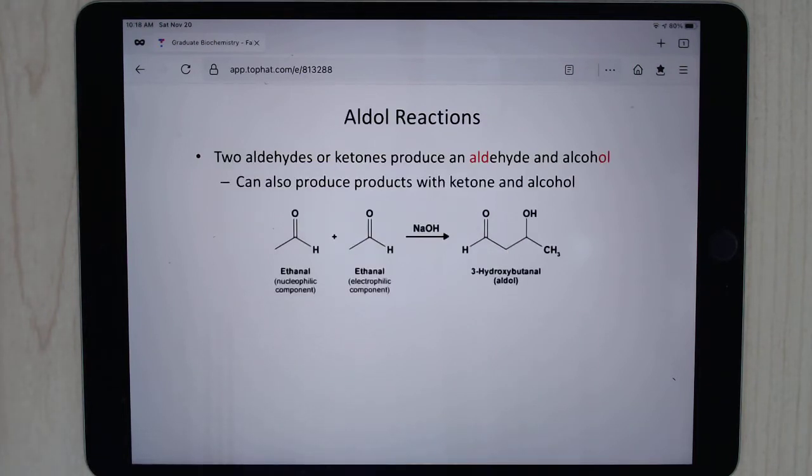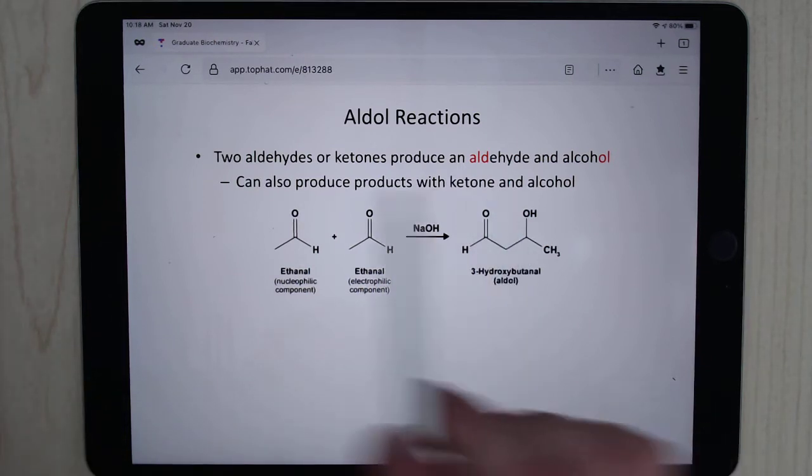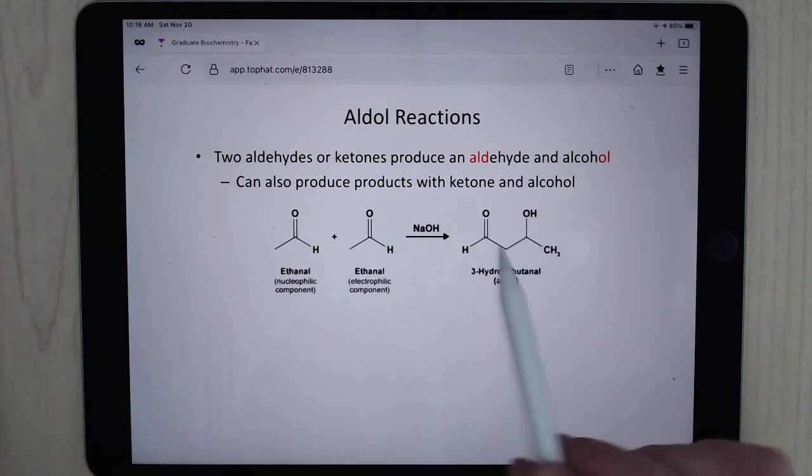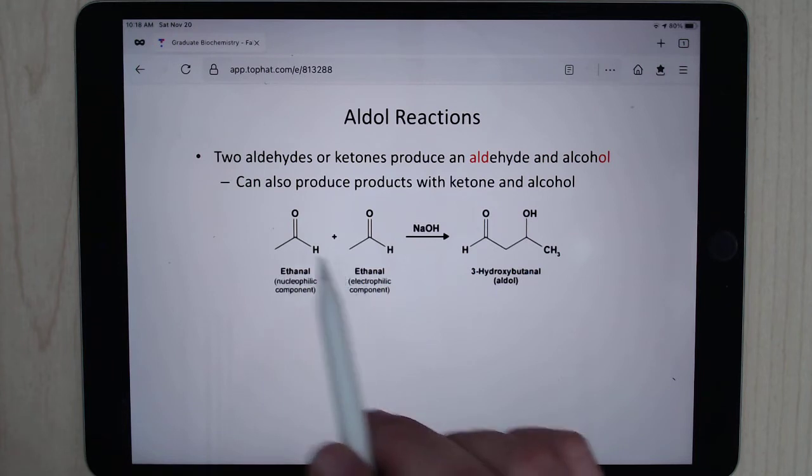Now for the aldol reactions, what's going to be happening is you're going to be reacting two aldehydes or ketones, but we're just going to be doing this as a nucleophilic attack. We're going to be making a new carbon-carbon bond, sacrificing an aldehyde or ketone.